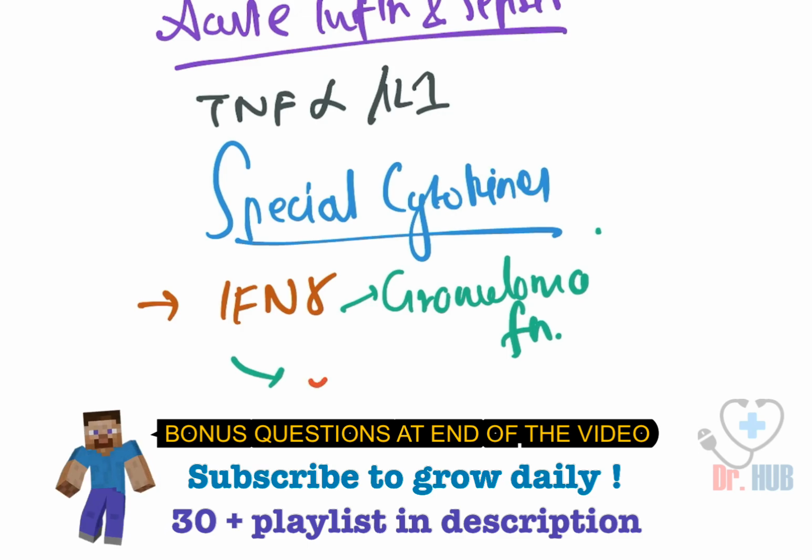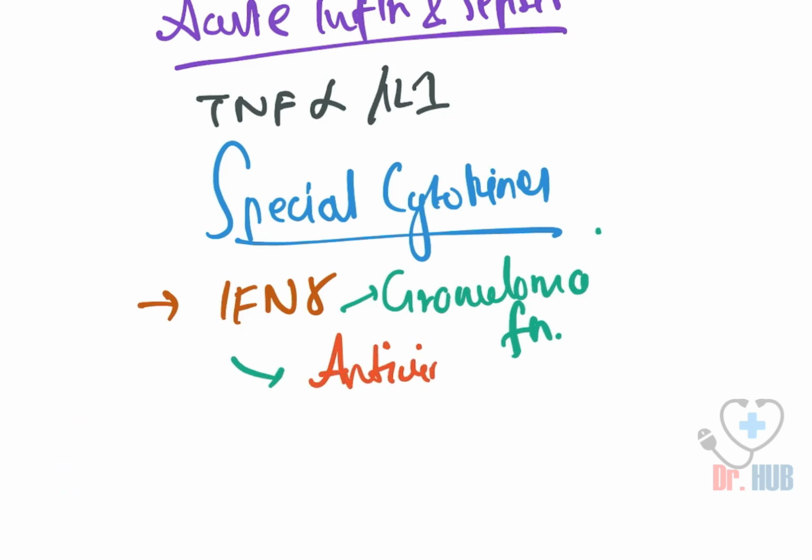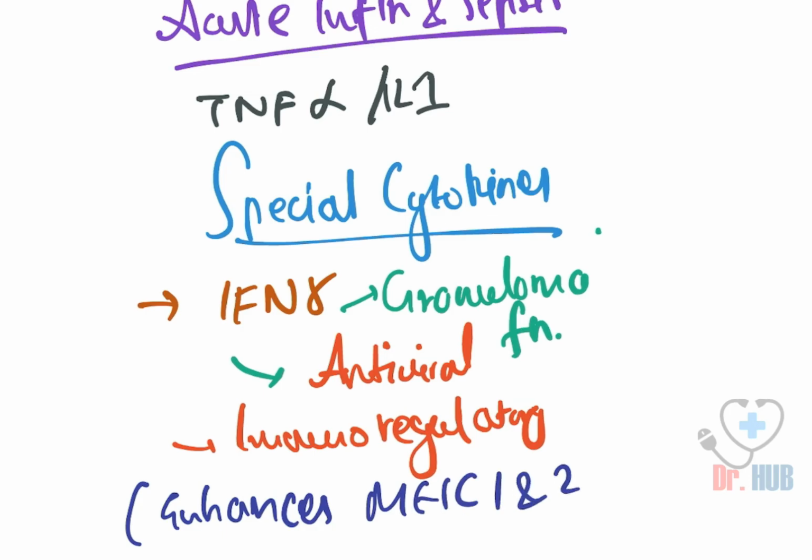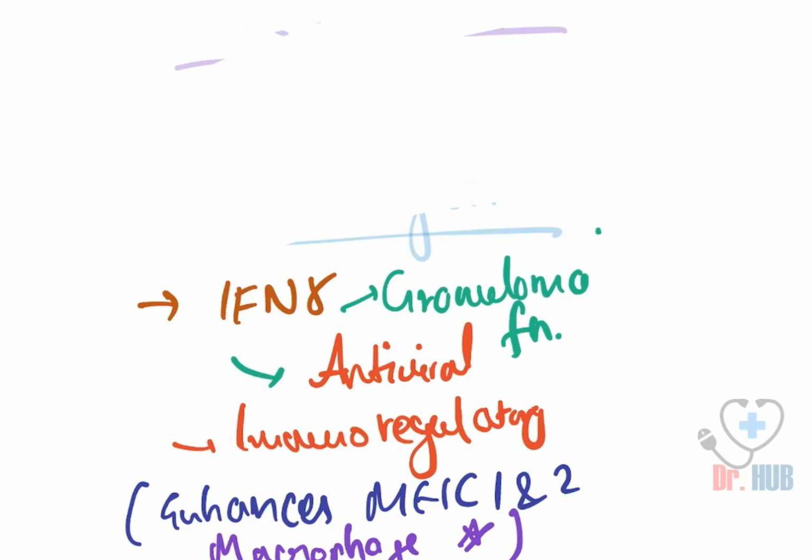Next, it also includes the antiviral, and after the antiviral, there is also the immunoregulatory, which enhances the MHC 1 and 2, as well as it causes macrophage activation. And after this, interferon gamma also includes the anti-proliferative.